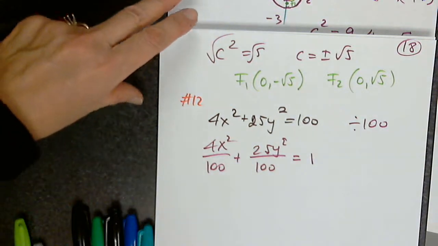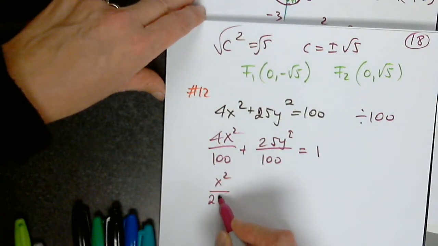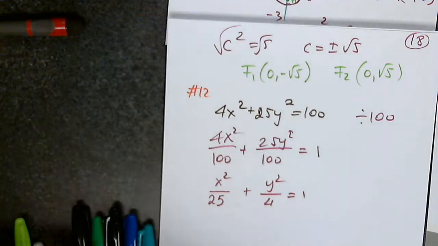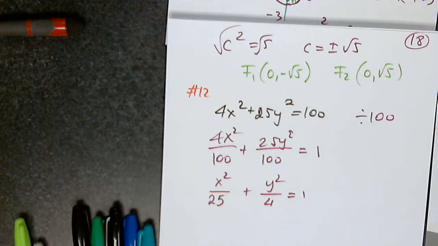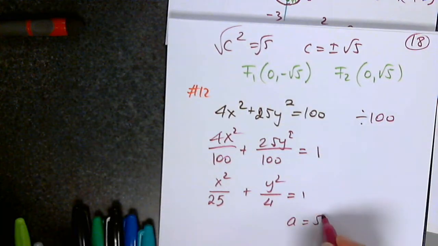Okay, so now what do I do? I have x squared over 25 plus y squared over 4 equals 1. So where is the major axis? On the x-axis, because this number is bigger, right? So I will have A, which is 5, and I will have B, which is 2.